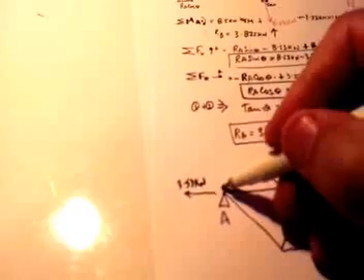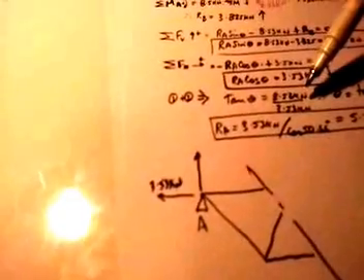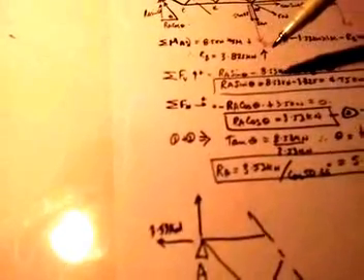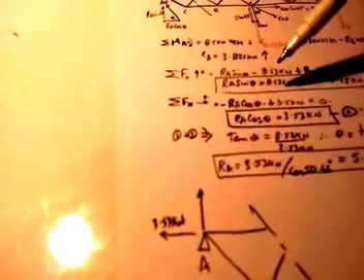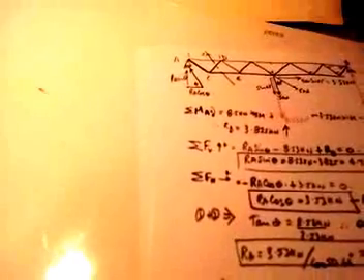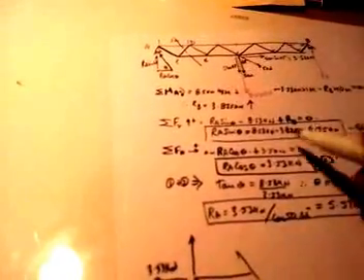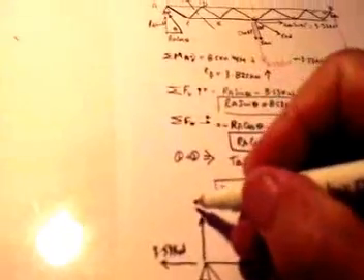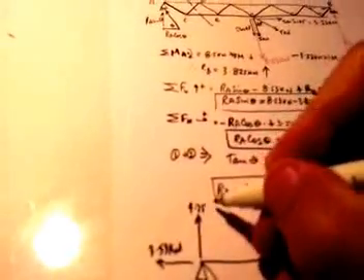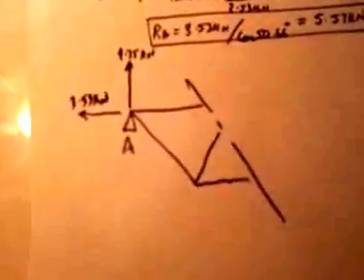And I've got a vertical force here which is RA sine theta, and RA sine theta is 4.75 kilonewtons in the vertical.